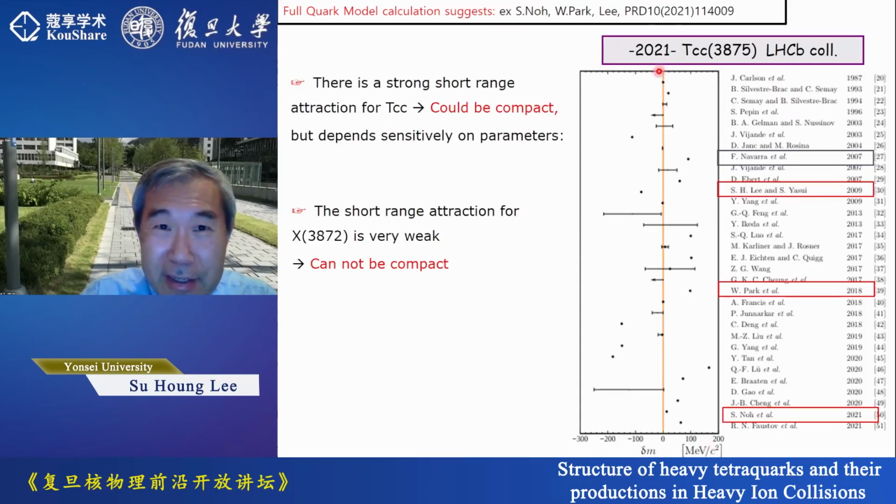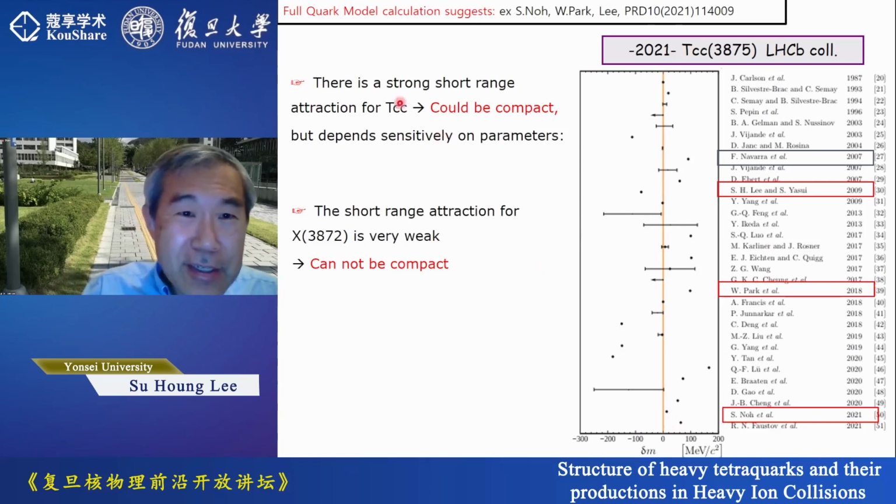And this is the graph that the LHCb collaboration showed when they measured this for the first time. And this is all the quark model calculations and other model calculations. It really depends on the detailed quark model calculation. So what we can conclude is TCC could be compact.